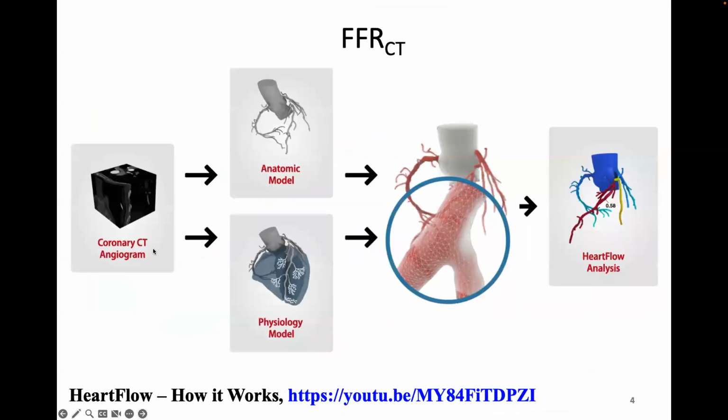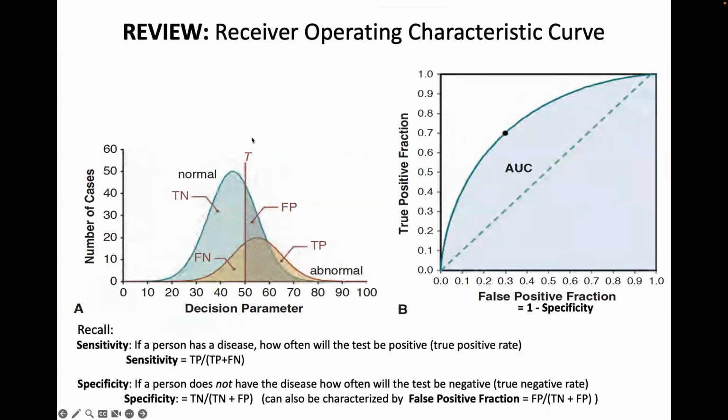How does this thing come about? It's from this. So if I have a distribution of patients, this is my decision parameter. In the example we just gave, it was a simple number. It was coronary artery calcium, right? So it's just a scalar number. You can obviously make a scalar number out of lots of things.